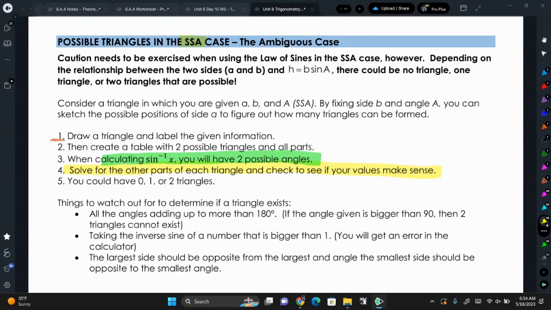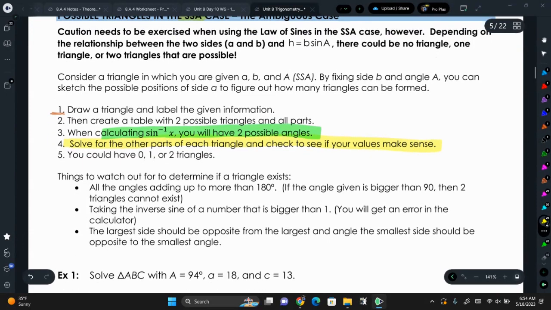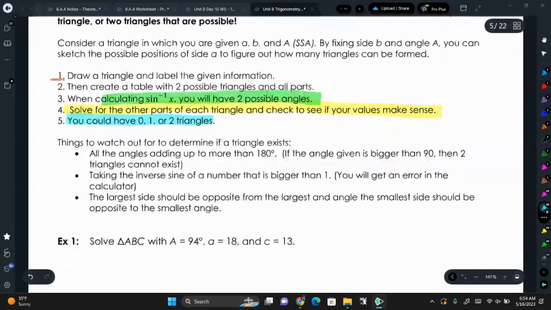So you're going to solve both triangles and then go back and see, does this triangle exist? We could have 0, 1, or 2 triangles. To determine if a triangle exists, make sure all angles add up to 180 degrees. If the angle that's given to you is bigger than 90, then we know two triangles can't exist.